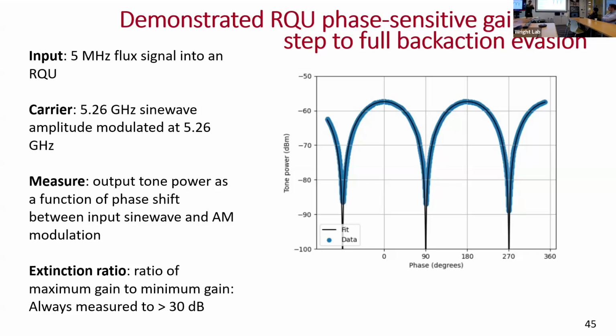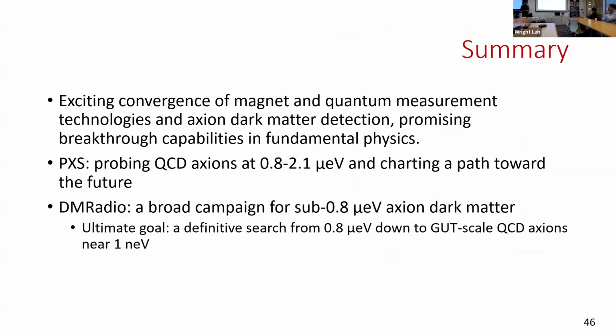This defines a relative phase between the signal on your input coil and the signal of the amplitude modulation. So you sweep that phase, you look at the output tone power, and as you can see, you're going through these swings of about 30 dB in output tone power. So you really can tell the difference between those two different quadratures. And it's pretty consistently measured above 30 dB at this point.